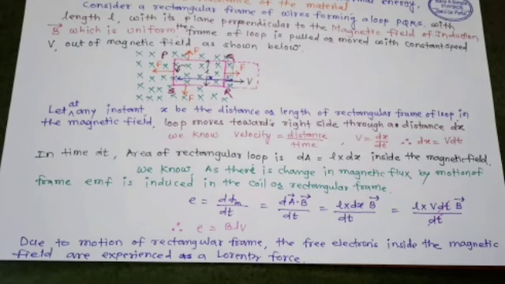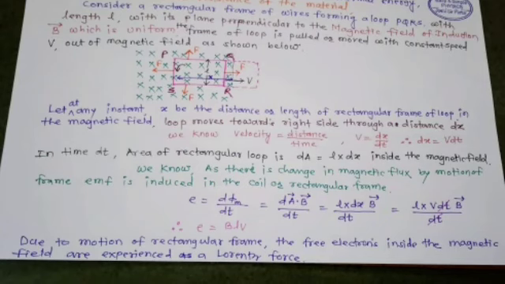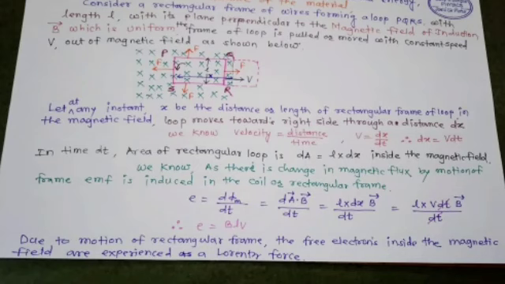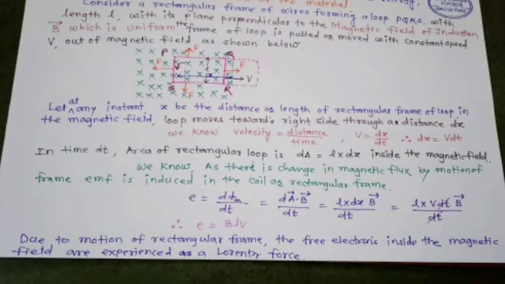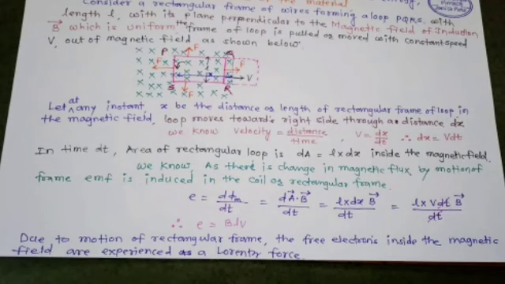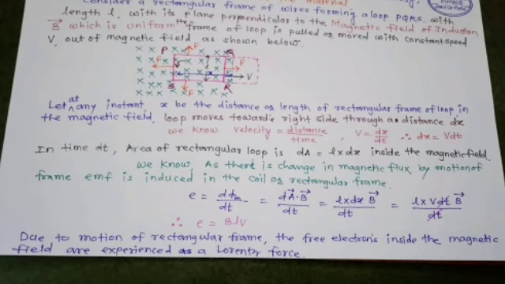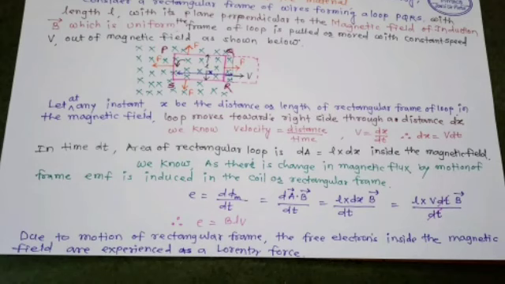So dt gets cancelled. Therefore E equal to B L v. Due to the motion of the rectangular frame, the free electrons inside the magnetic field experience a Lorentz force.